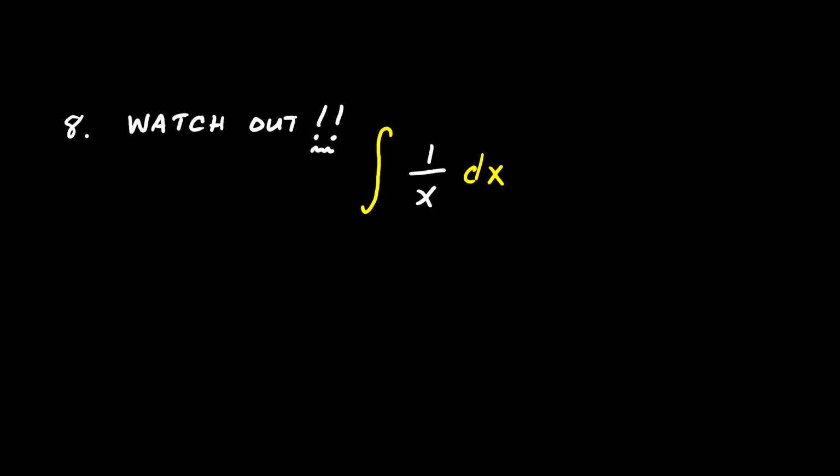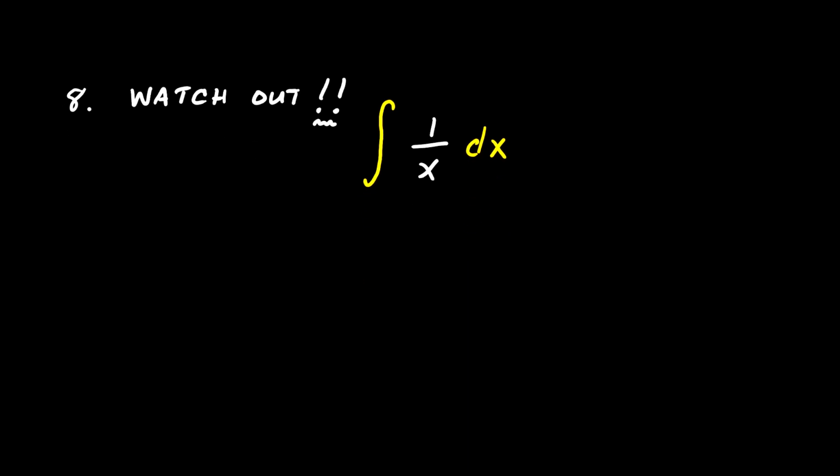Number 8 is the one to watch out for. When you're left with the integral of 1 over x, you may be tempted to rewrite that as x to the -1, which would be true. But when you raise that to a power higher, when you add 1, we're going to have x to the 0, dividing by 0. So you should know you can't use the power rule here.